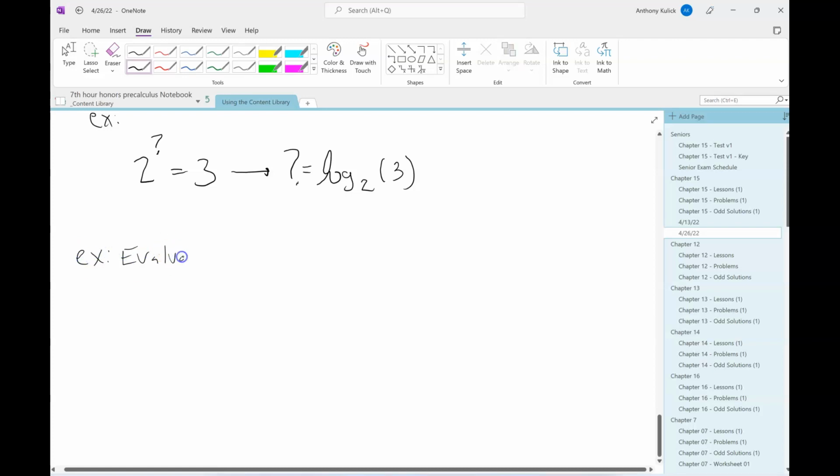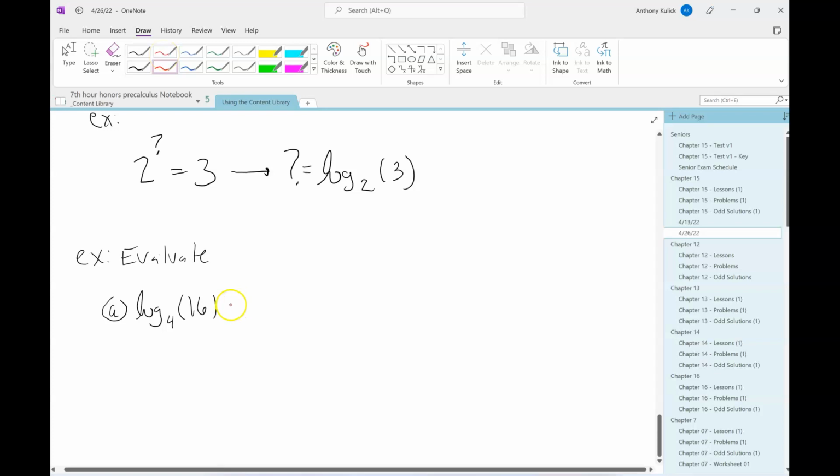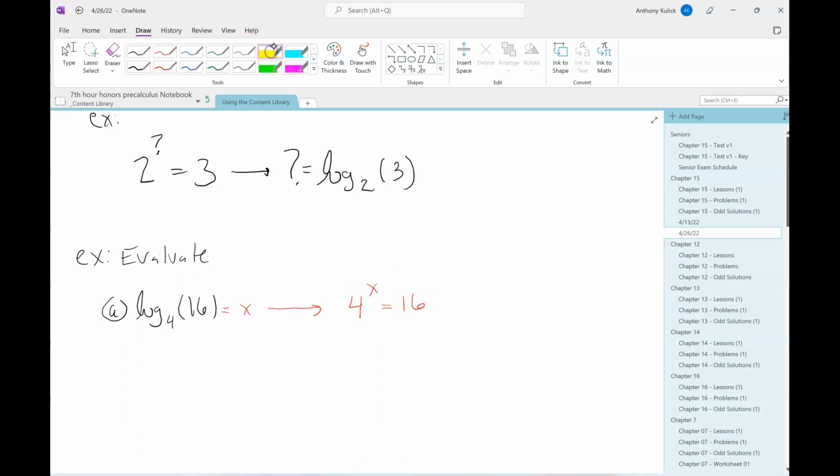Let's just practice with this definition a little bit. We're going to evaluate some logarithms by hand. So we'll do some examples here. Let's say I want to do log base 4 of 16. I'd start by saying, okay, let's let that equal x. So I have a logarithmic equation. Then I can use my definition of a logarithm to rewrite this as an exponential equation.